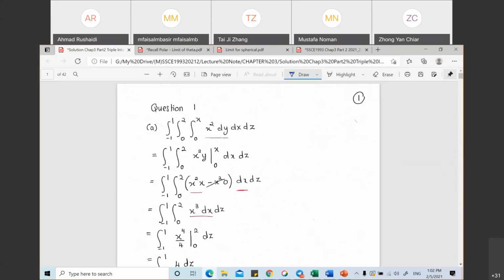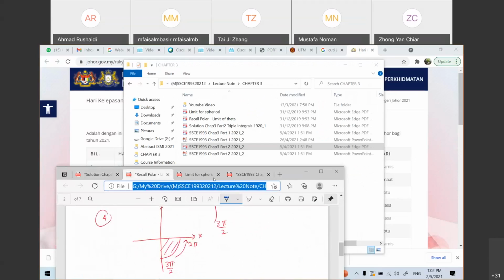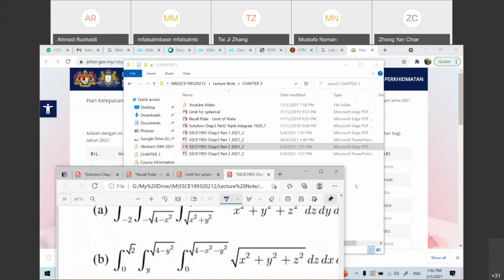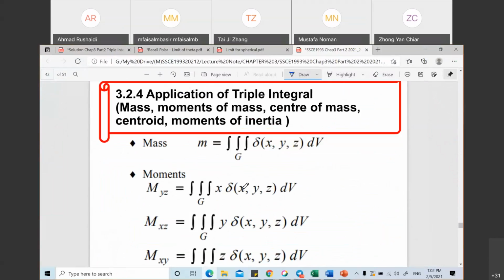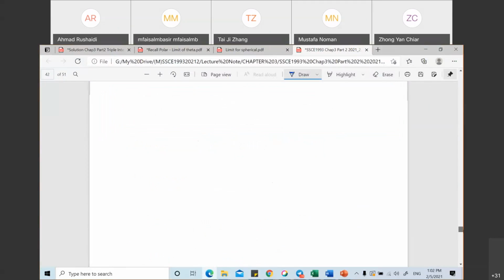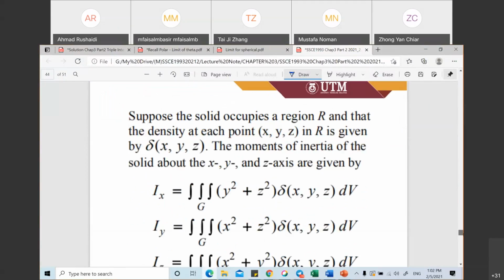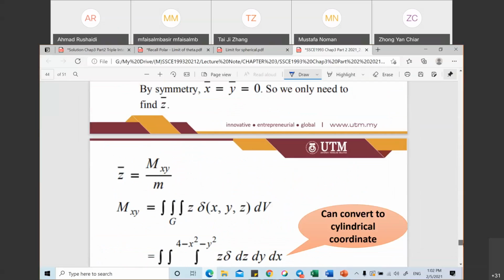So the others we can continue later. This application later. It's just the same as double integral, but I will show you in tomorrow's class. I think tomorrow is our class? Yes, tomorrow, Doctor.